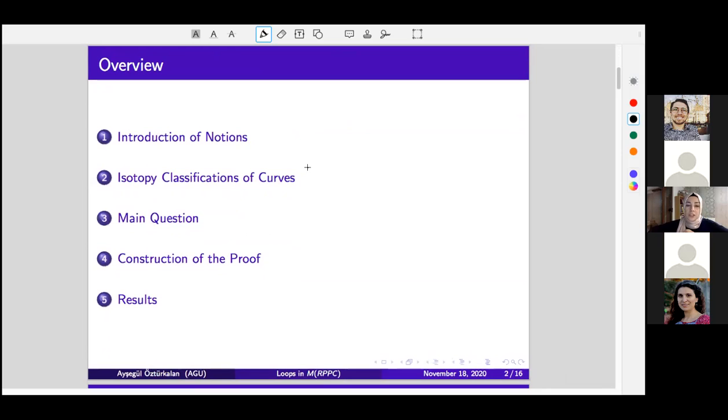I mean, just the irreducible singular part is still open, but non-singular and simple singular parts are closed. They are defined. I will tell about these things. And the main question, what is the main focus of my study? I will tell about it, and the construction of the proof and the results I will give.